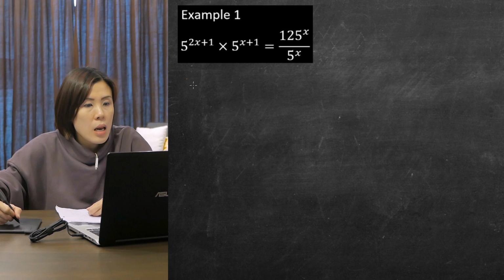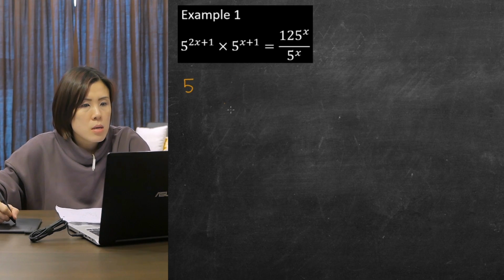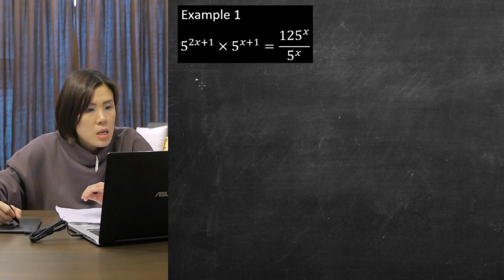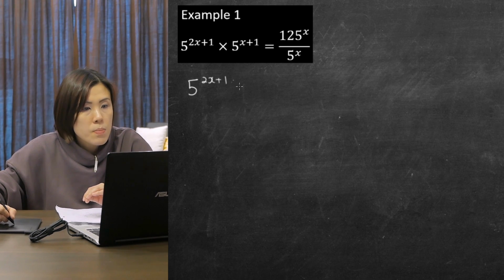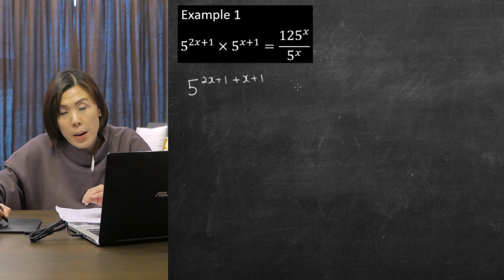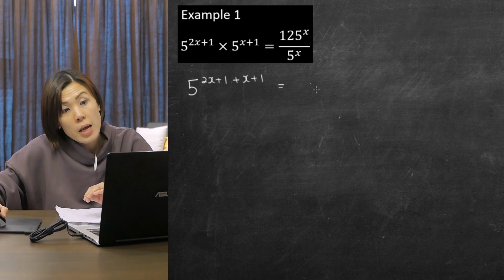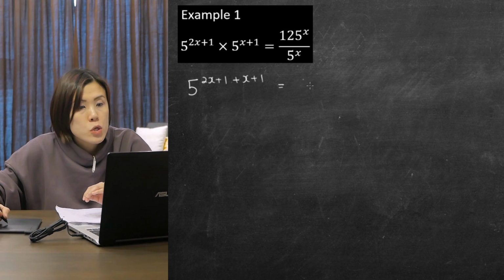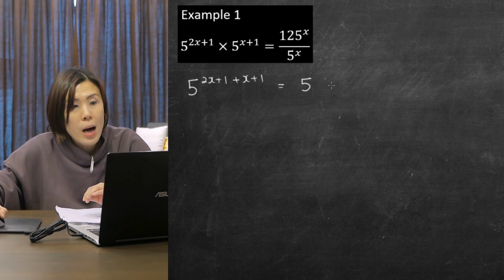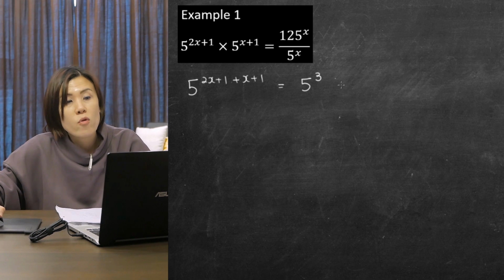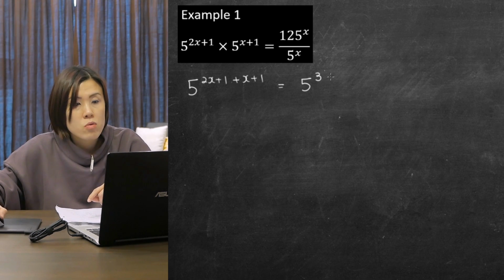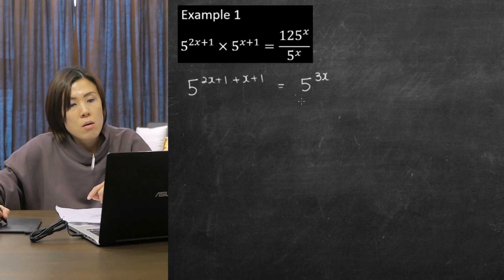On the left side, we can simplify these indices by adding their power. And on the right side, 125 has to be expressed as 5 to the power of 3. As we have 125 to the power of x, then we have 5 to the power of 3, all to the power of x, over 5 to the power of x.